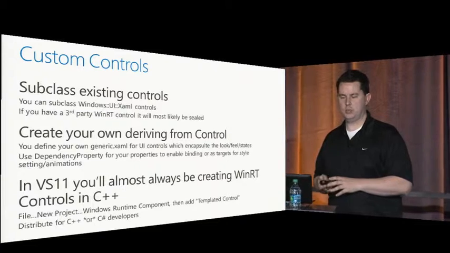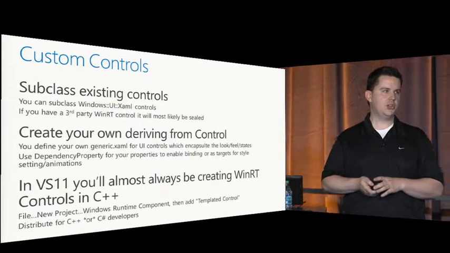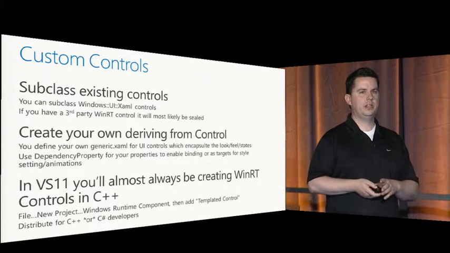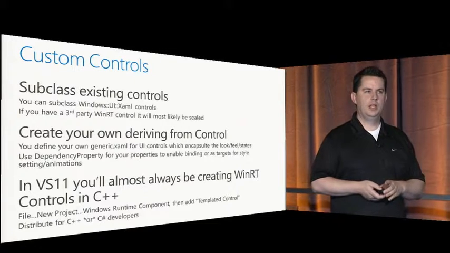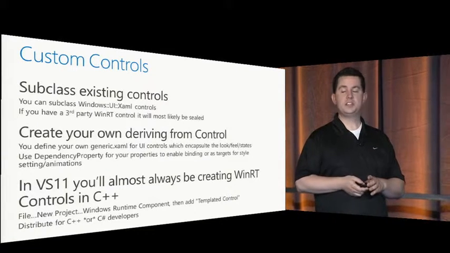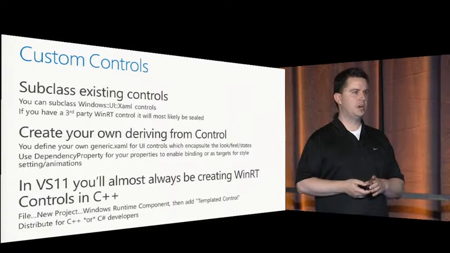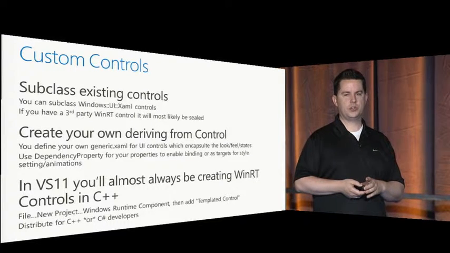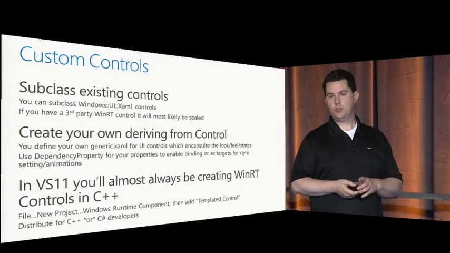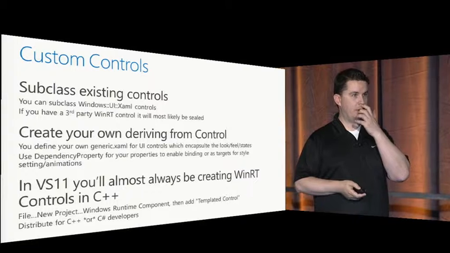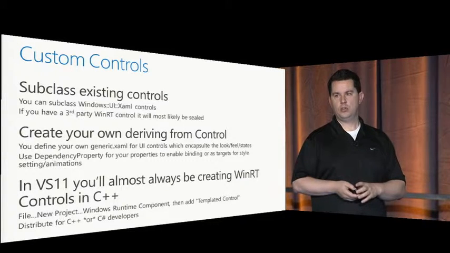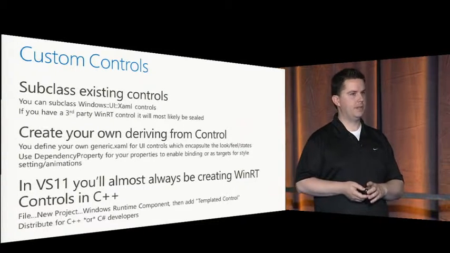In Visual Studio and C++ specifically, every control that you'll be creating is actually a WinRT control. This is different than C#. C# can create WinRT controls, but most of the time we see C# developers creating managed components that are only for managed applications, which is perfectly fine.